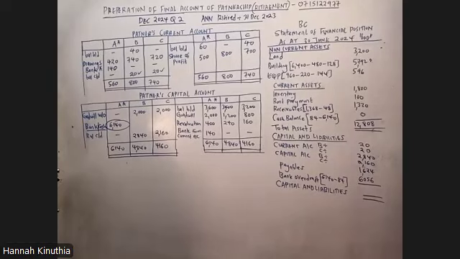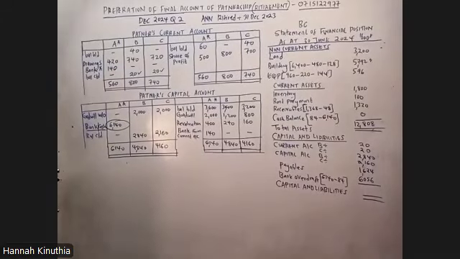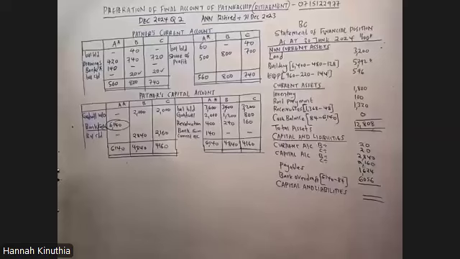Aya, kuna kitu moja tumewacha. There was an Owens. Ilikuwa ya ngapi? Kuna Owens tuliwacha, sivyo? We had an Owens somewhere.